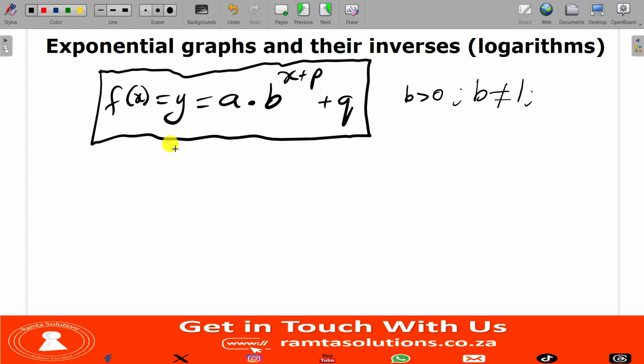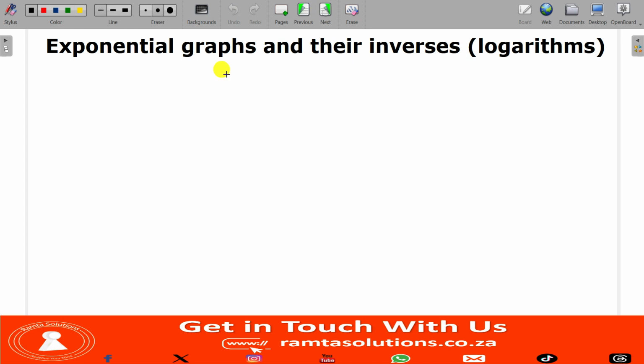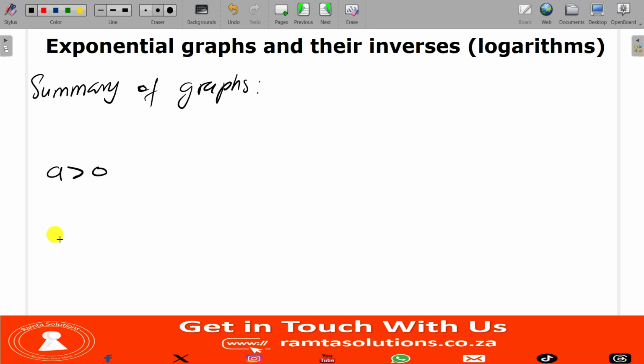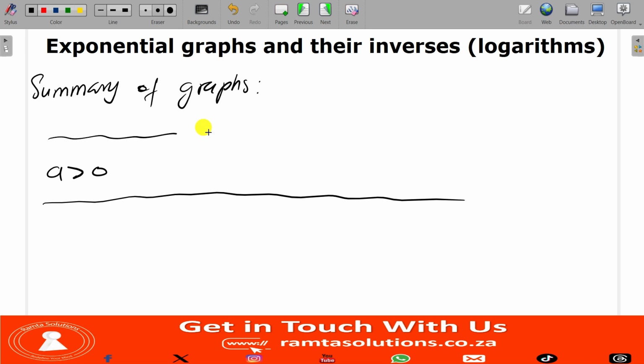Now, the summary of the expected graphs. Remember, I'm not really drawing them much. It's something that you must know. When a is positive, and then when a is negative.